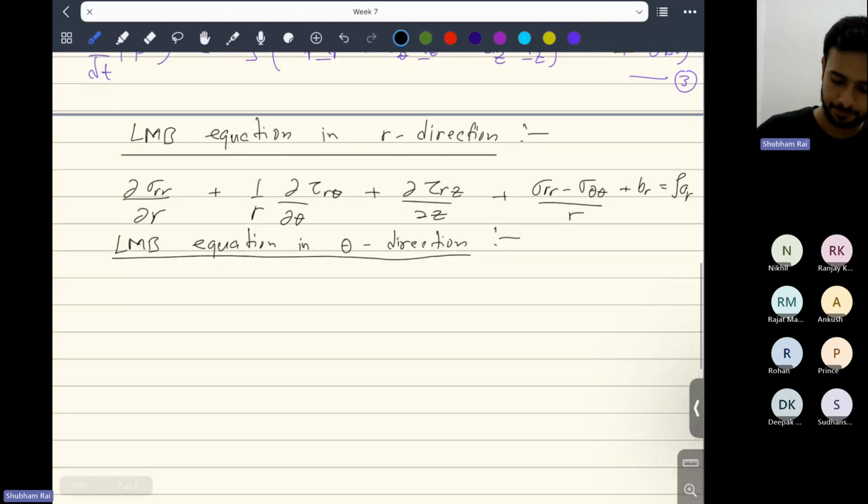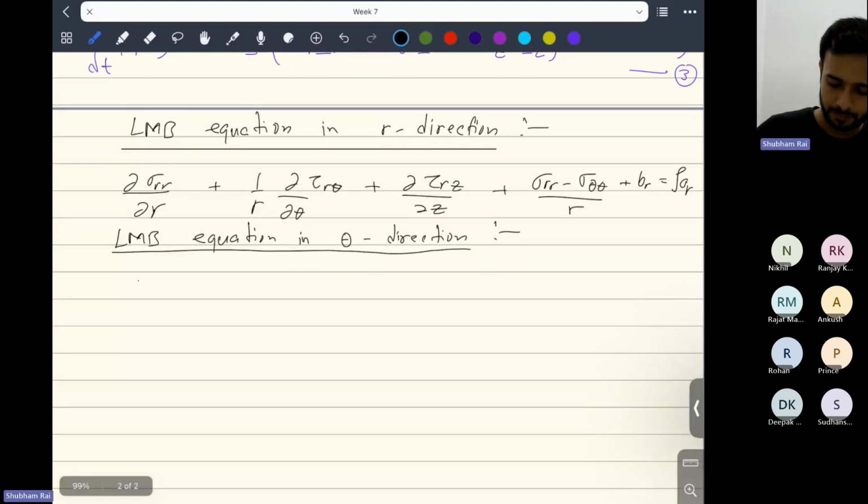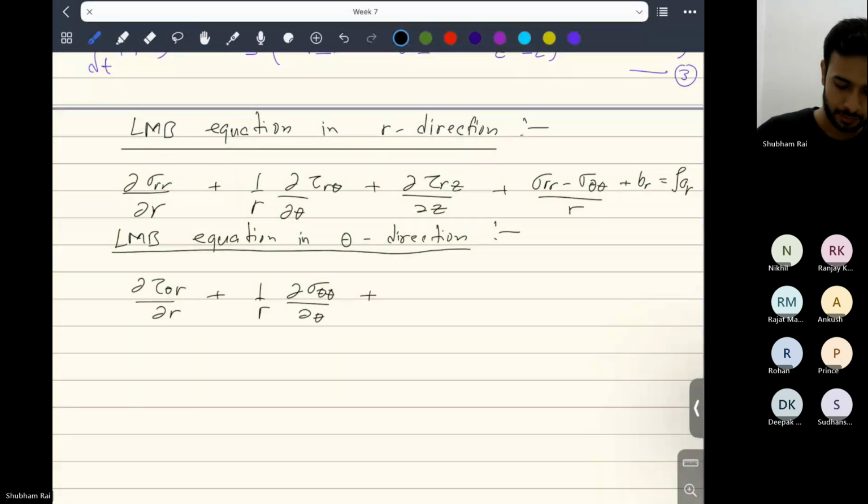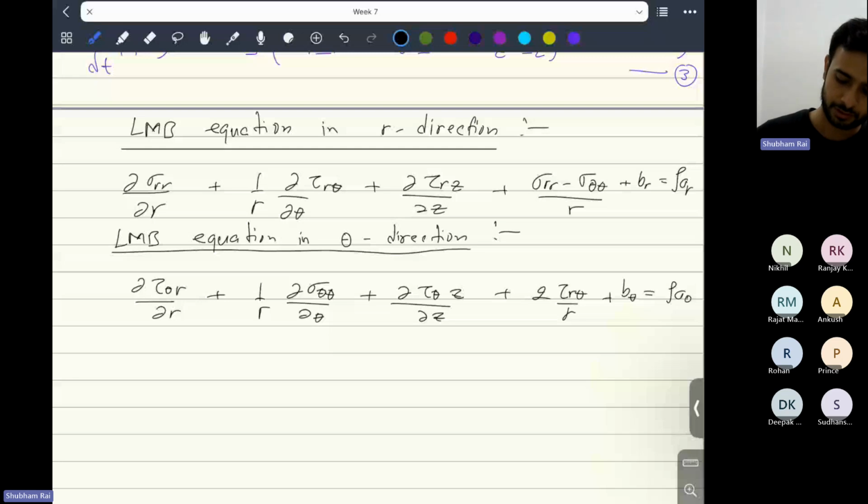So that will be del of tau theta r over del r plus 1 over r del sigma theta theta over del theta plus del of tau theta z over del z, and some extra terms will be there. This will be 2 tau r theta by r plus b theta will be rho a theta.